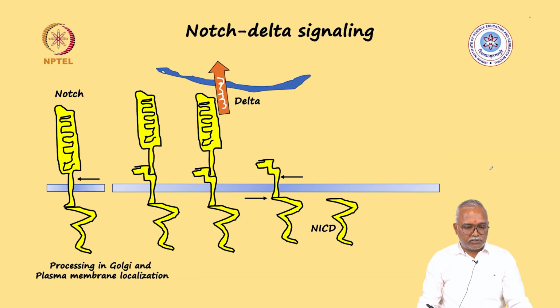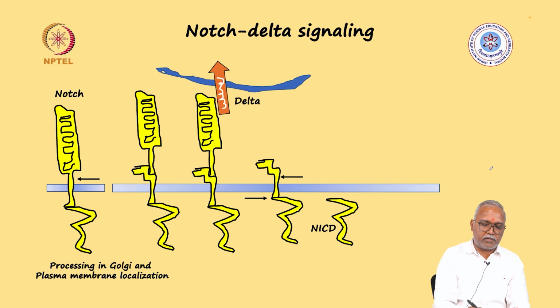Now, if we simply look at how this signaling moves forward, I gave you a brief detail. Generally Notch is produced through the ER Golgi route and it is directed to the plasma membrane. In the Golgi, there is a processing which cleaves the extracellular domain from the domain inside the cytosol, and then the reassembly of this entire structure happens.